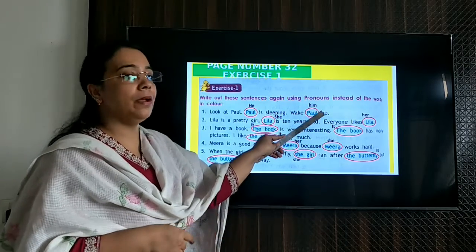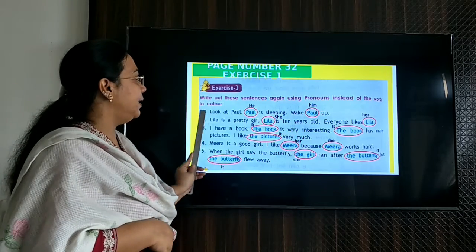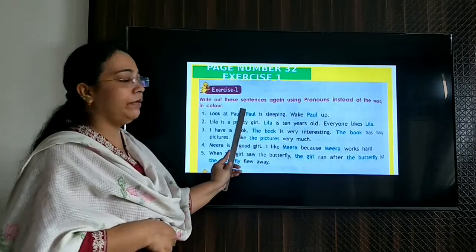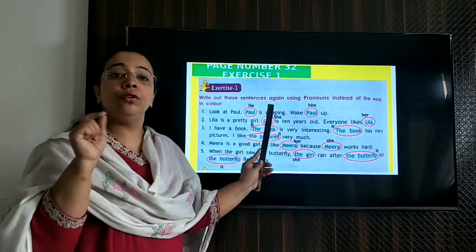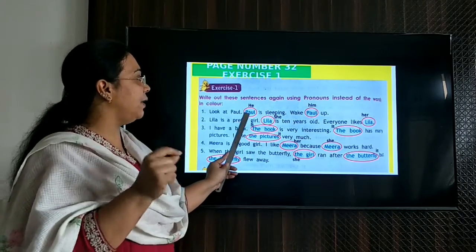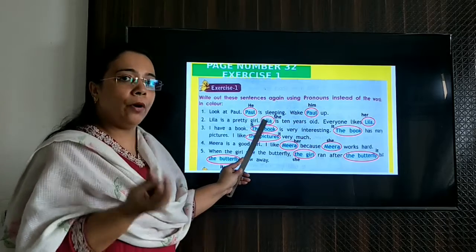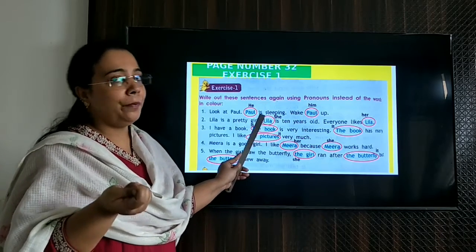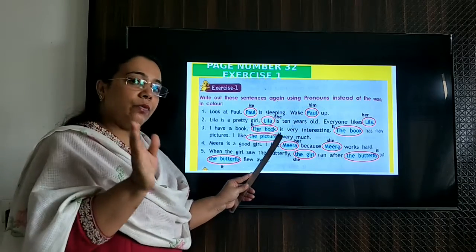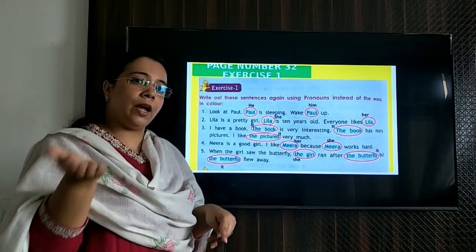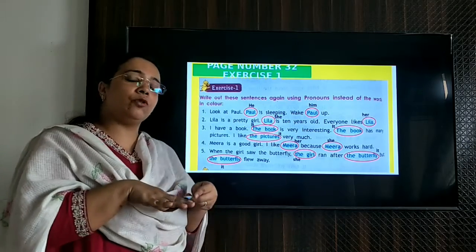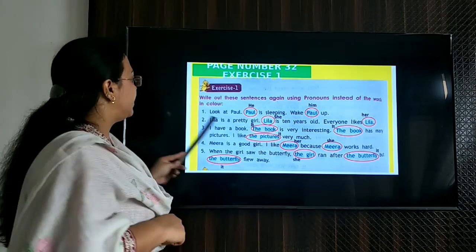Wake him up. Clear? What we have done? We have changed the noun to pronoun. Again and again we are not repeating the noun Paul. So we changed it into pronouns. So pronouns are the words that replace nouns. नoun की जगह जो words use करते हैं उसको बोलते हैं pronouns. Next.